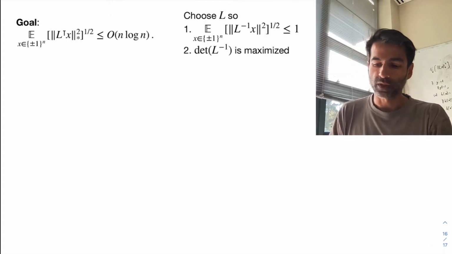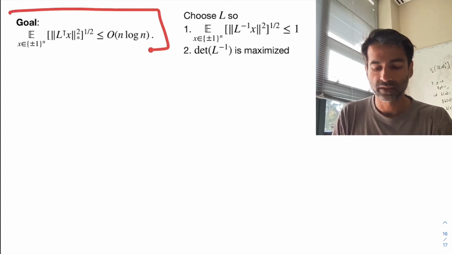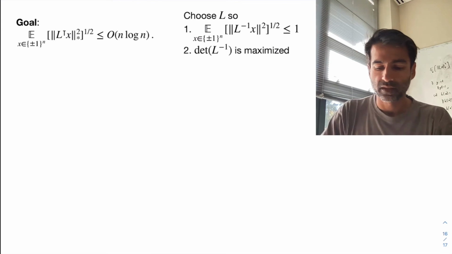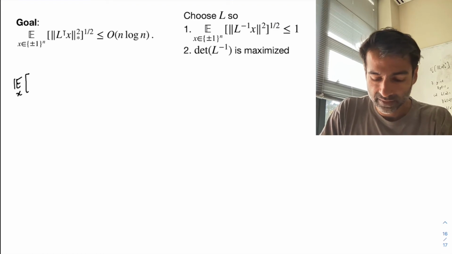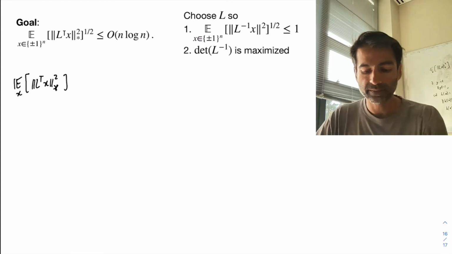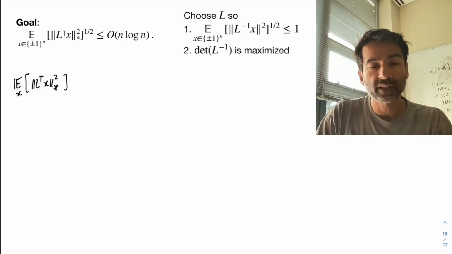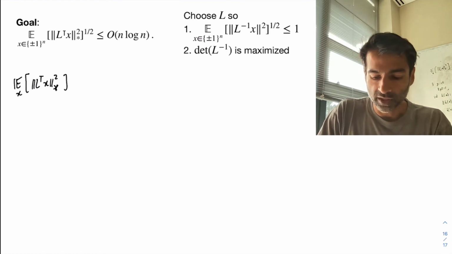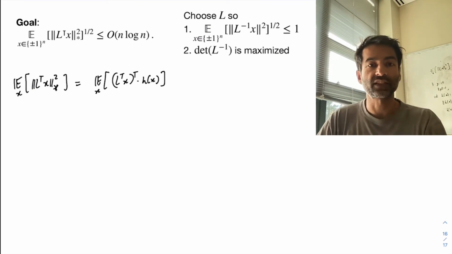All right, so we have a matrix L chosen this way, and we need to bound this quantity. So let's do it. Let's write the expected value over x of the norm of L transpose x, the dual norm squared, and let's work with this quantity. The first thing I want to observe is that you can express this as an inner product. You can write this as L transpose x transpose times h of x for a function h that I will now define.